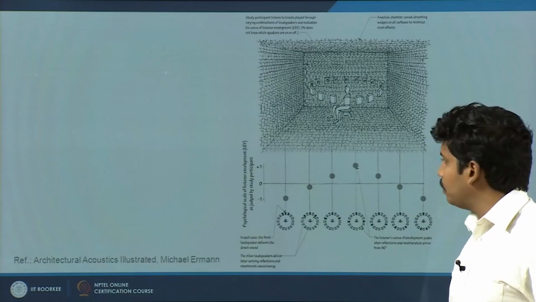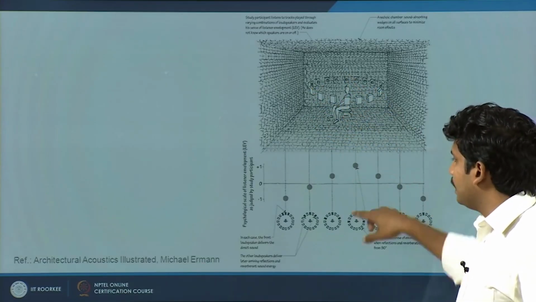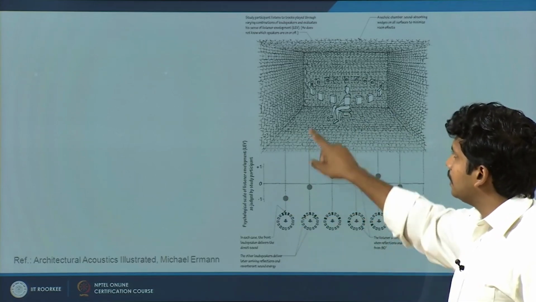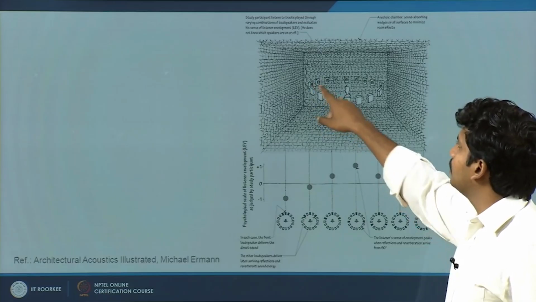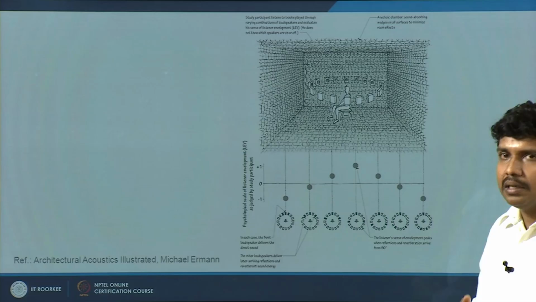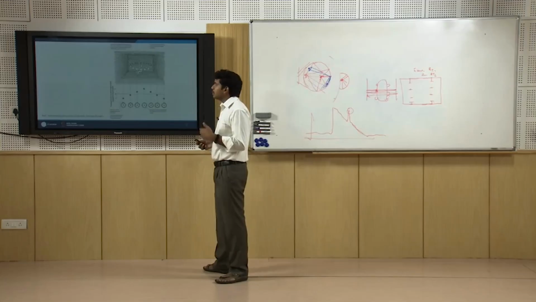What people found was that one source here and two from left and right at 90 degrees gave a good envelopment, whereas with the directional arrangement, that is, these three on versus these two on, the envelopment came down. Envelopment is another important phenomenon. This is just to understand the phenomenon of sound reflections.